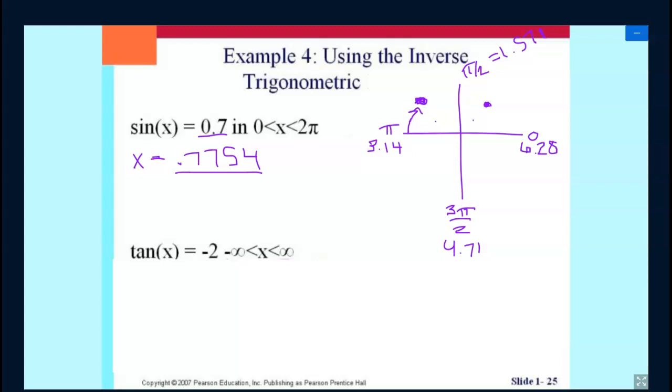So in order to get this value, you have to say x equals pi minus 0.7754. Because the other value always comes with respect to the x-axis. So this is kind of like 0 plus 0.7754.